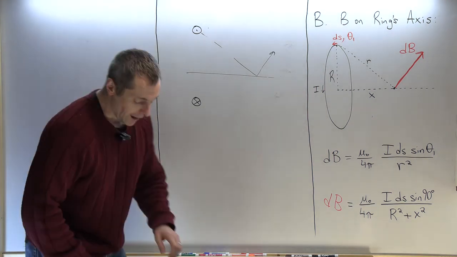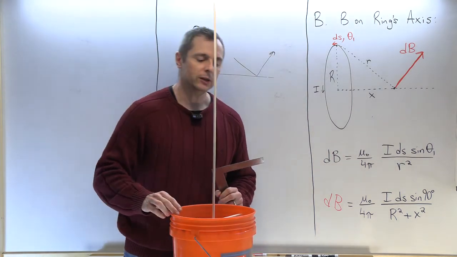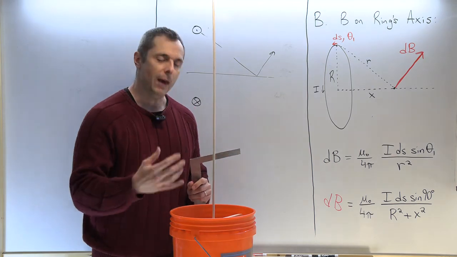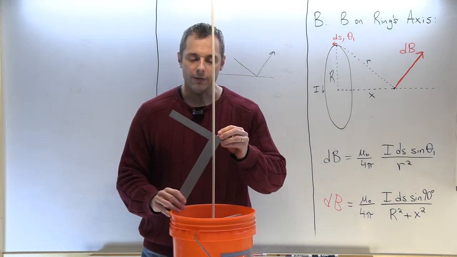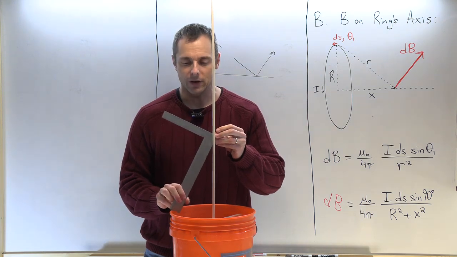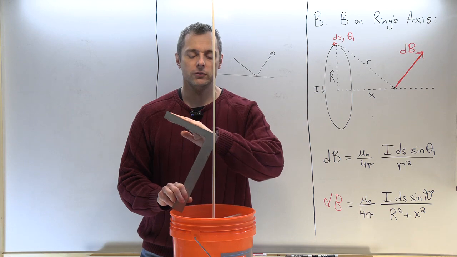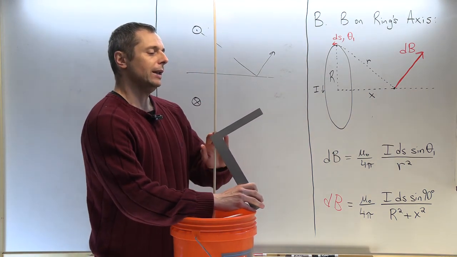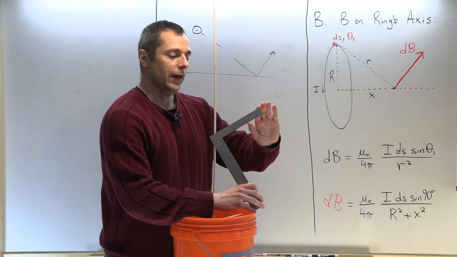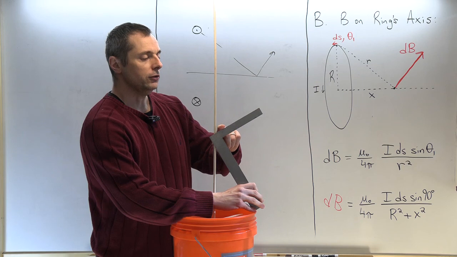Okay, so now the visualizing of the integration. As I'm integrating around this to get all the magnetic field of all the pieces combined, what you have to realize is that as I'm integrating around, eventually, see how this vector goes up in this direction? I'm going to get in my integration over here a magnetic field going this way, the same length, and those components will be the same.